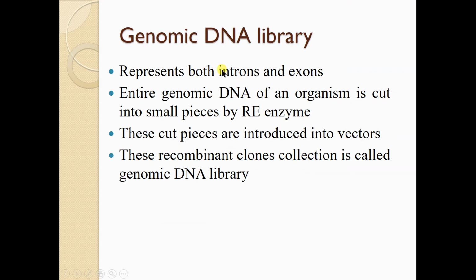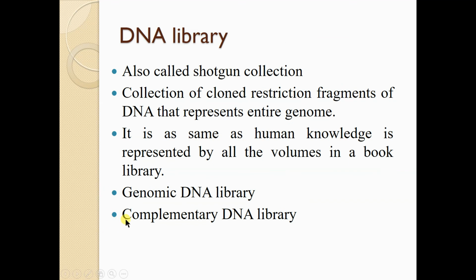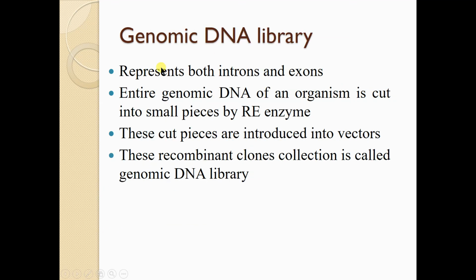Now there are two types of DNA library: one is the genomic and one is the complementary DNA library. In the genomic DNA library, the whole genome is directly acted upon by the restriction endonuclease, so DNA restriction fragments are directly taken out. As we all know, DNA contains introns and exons. Introns are the non-expressible portion of the DNA, and exons are the expressible portion of the DNA.